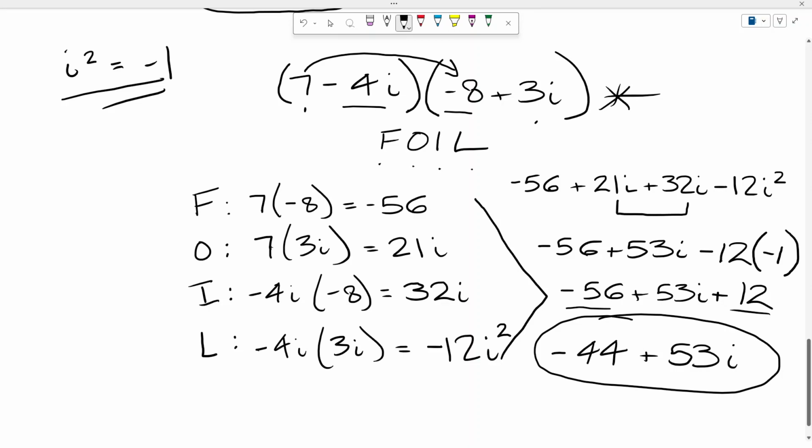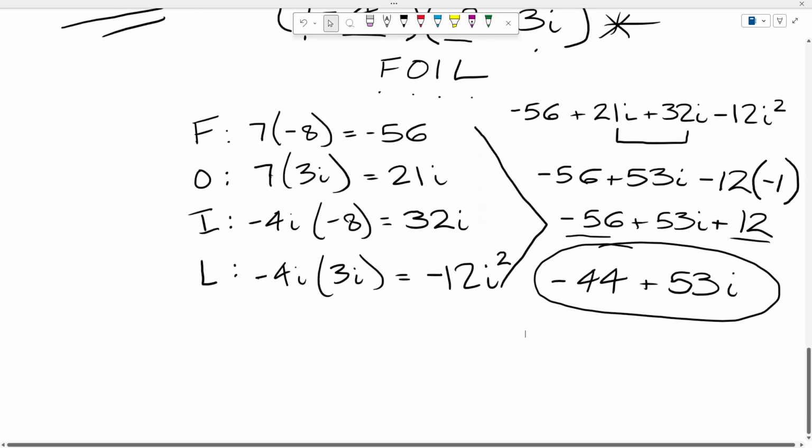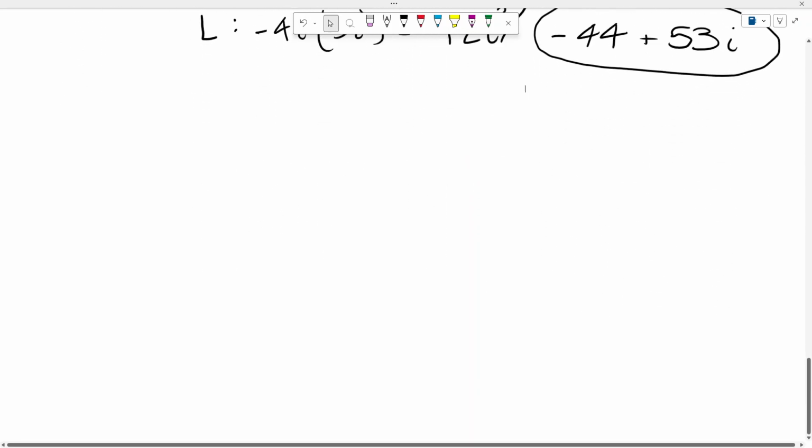All right, now let's take a look at division of complex numbers. And for division, the key for us is going to be the complex conjugate.